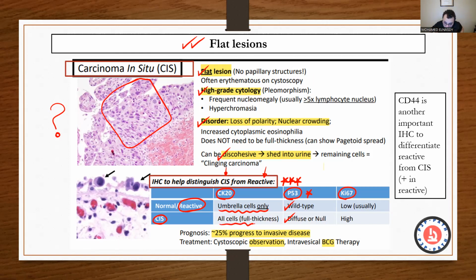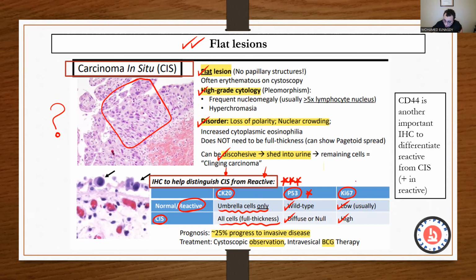However, in CIS, you'll see CK20 staining the full thickness of the epithelium, because most urothelial carcinomas are CK20 positive. Ki67 is the proliferation index, so it will be high in the pre-malignant lesion, which is CIS, and low in the reactive because it's still normal.